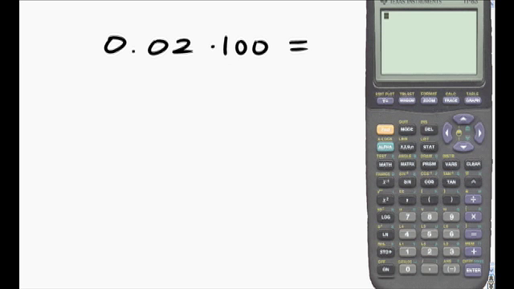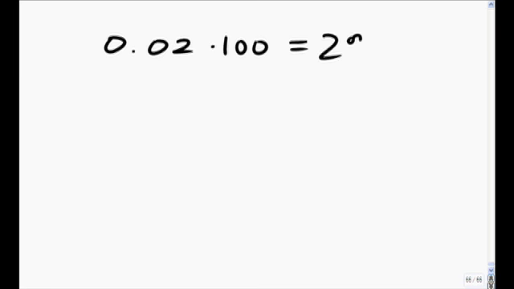Applying our percent relationship backwards, we take the numerical value of 0.02 and we multiply by 100. We get 2%. That is, the numerical value of 0.02 represents 2%.